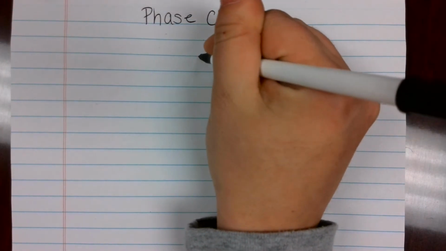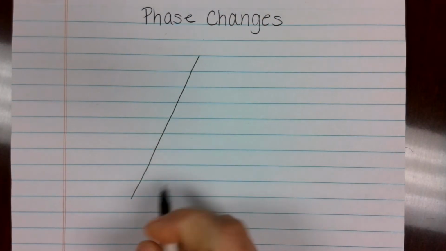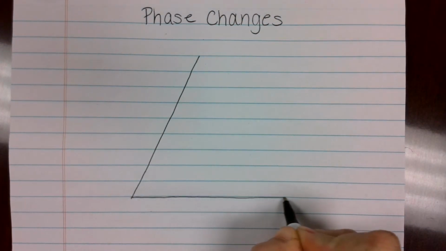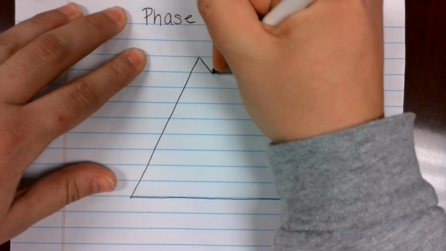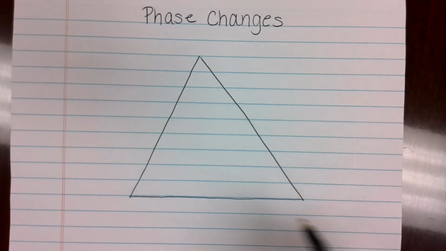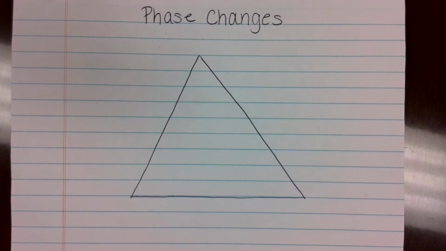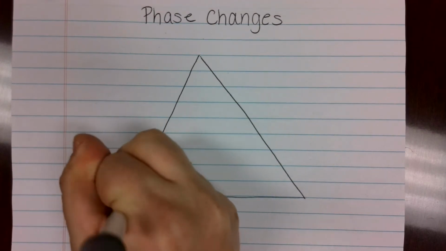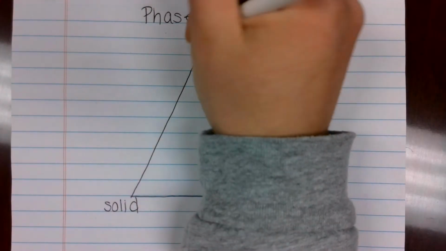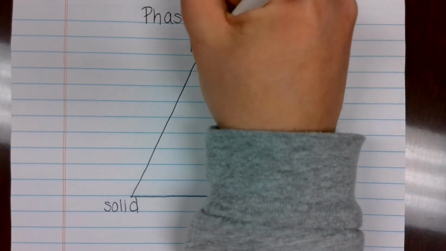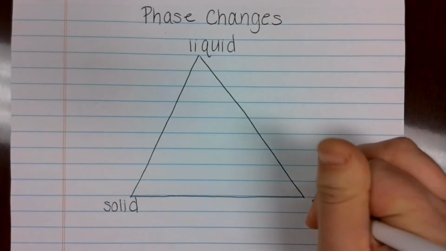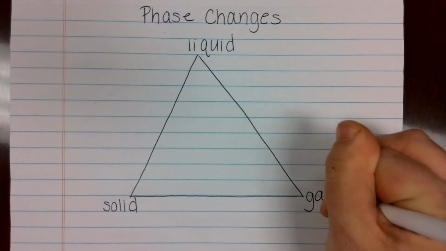The first thing that I'm going to do is draw a nice large triangle, like so. And at each point of that triangle, I'm going to write a different state of matter. Down here, solid. Up here, liquid. And right here, gas.